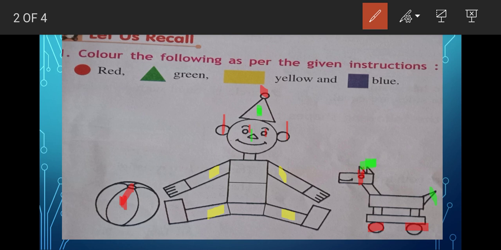Now the toe, this one is also a rectangle. This part is also a rectangle. The mouth of this one is also, isn't it? Only the eyes will be red and the remaining mouth face will be yellow. Any more rectangles can you find? Yeah, only this much, isn't it?